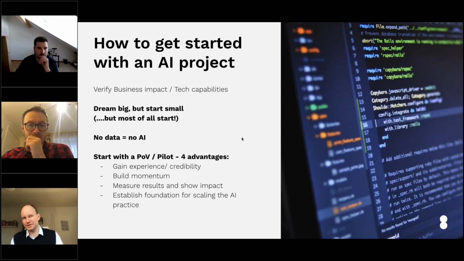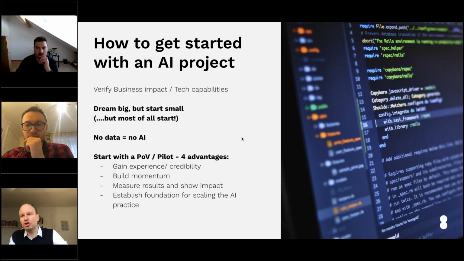And it's always easiest to start small, even with a small proof of concept, because that allows you to gain experience and build momentum for AI within your organization. You will also be able to achieve initial results, and you can have proof points to then convince other stakeholders to further invest into AI and implement more use cases. This will also help you to establish a foundation for scaling a potential AI practice.